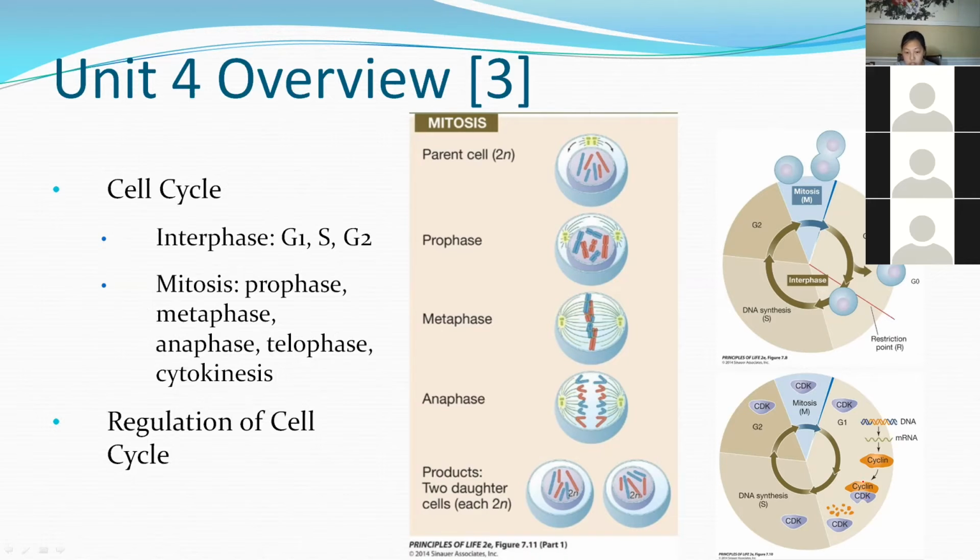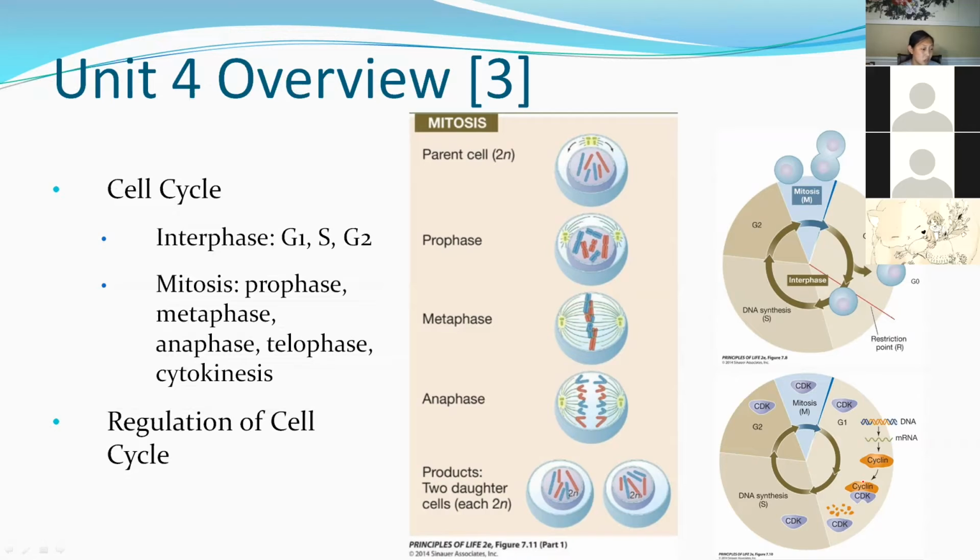For example, there's a checkpoint after DNA synthesis to make sure that all your DNA has been replicated and it's all good to go. This way, it can prevent any sort of problems with replication, for example, you didn't have enough DNA to replicate, or your DNA is wrong, and then it produces the wrong cell. It doesn't have any of that happen.